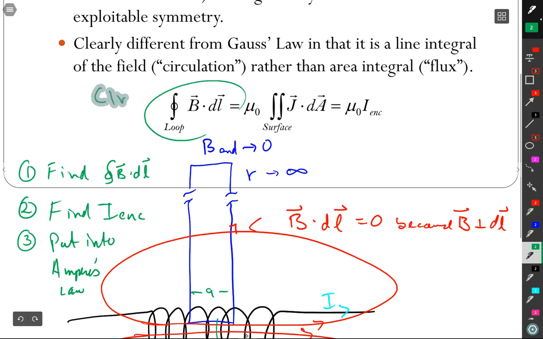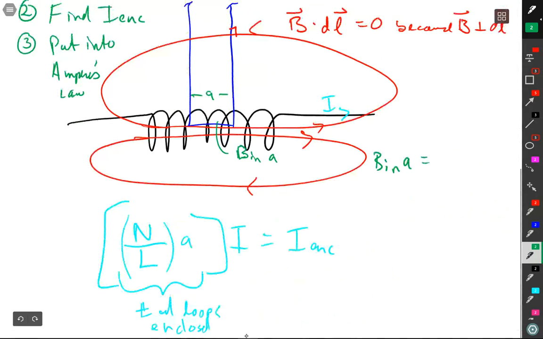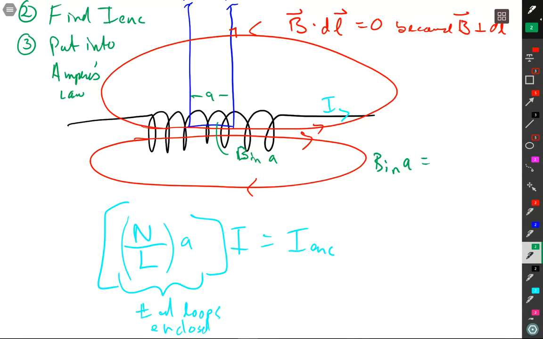Oh, it says right above it, circulation. I don't need to write it again. So Bn times A is equal to mu naught times the current enclosed, which is N over L A times I. And notice my A's cancel.